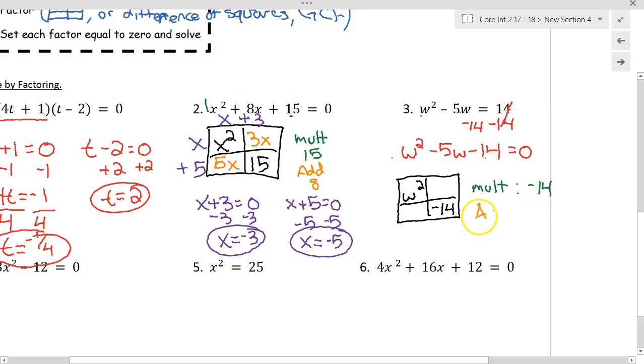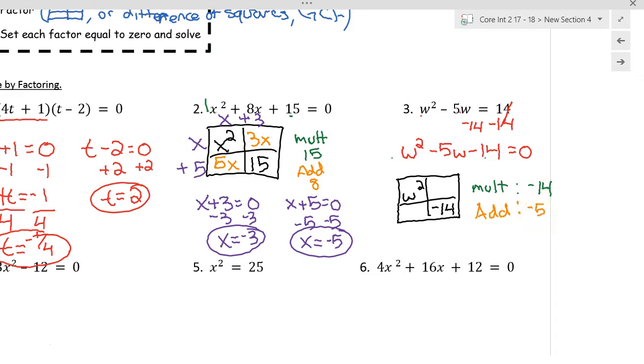I want to add to negative 5. So looking at your multiples of negative 14, 1 and 14 have no way of getting to 5. 7 and 2 could work if I have a negative 7w and a positive 2w. So w squared is w times w, w times minus 7, w times positive 2.